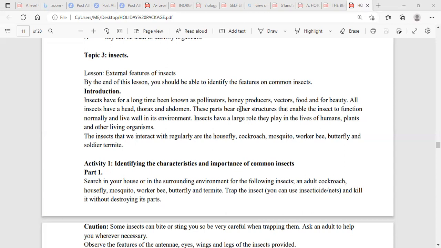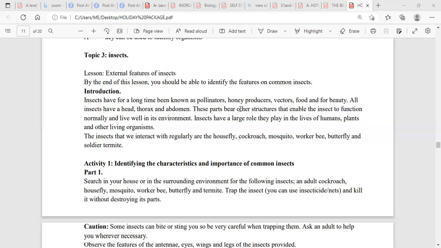Now, as you come from kingdom, you go to phylum, then from phylum to class. So looking at kingdom Animalia, we take our discussion from phylum Chordata. Now we go to phylum Arthropoda. And we say this is the largest phylum in the kingdom Animalia.